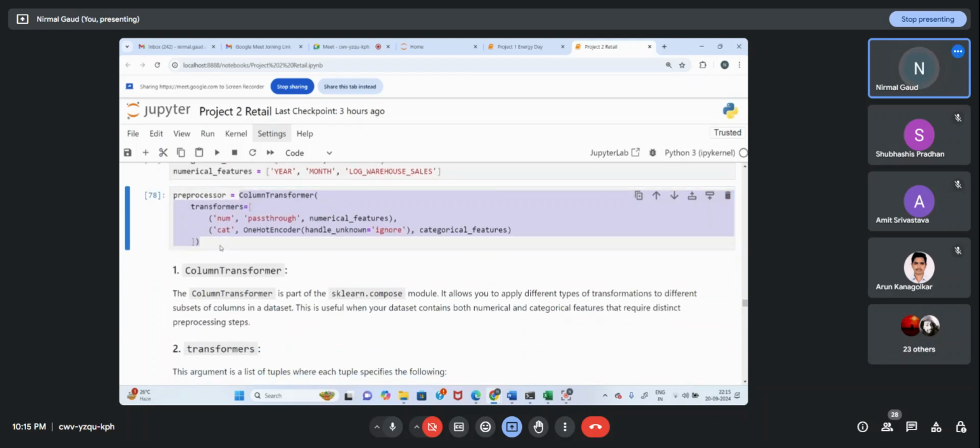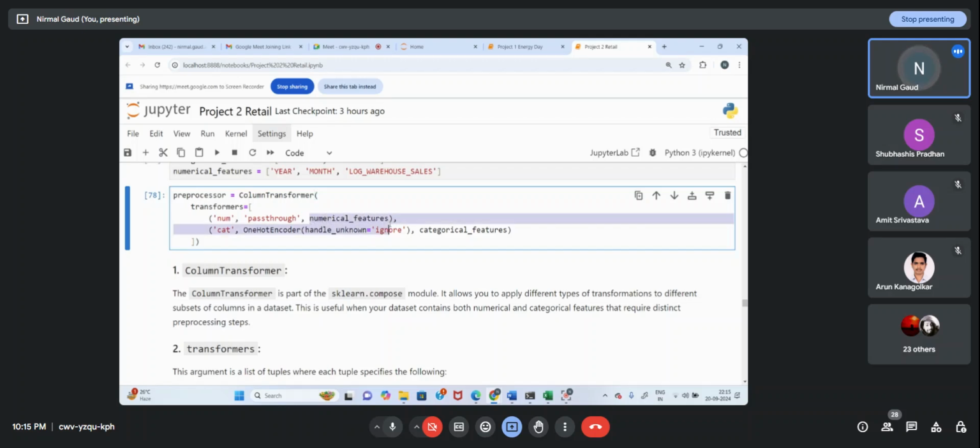So this is data pre-processing, but data pre-processing in one go itself. That means I will take the numerical features and I will not do anything with them, just pass. However, for categorical features, I will perform one hot encoding.